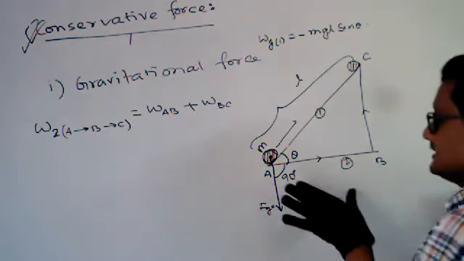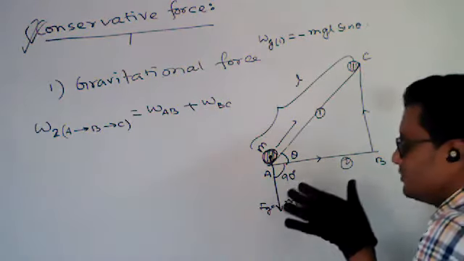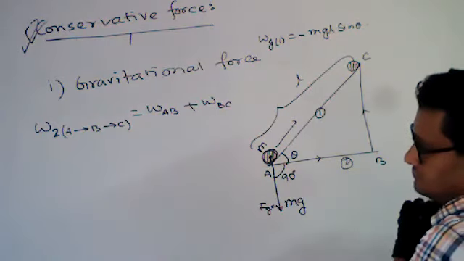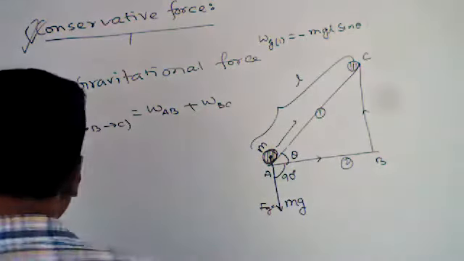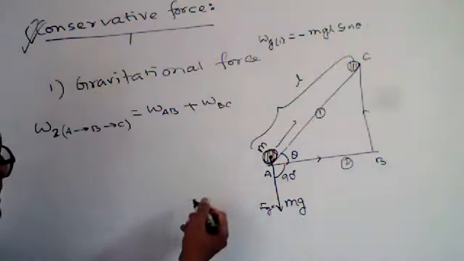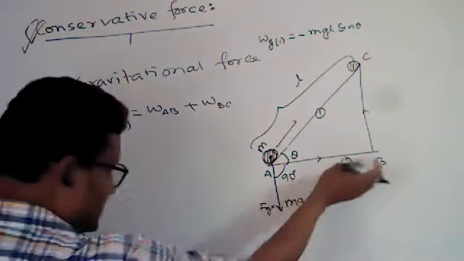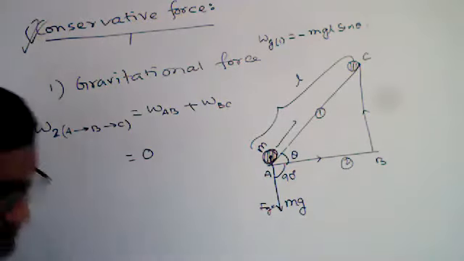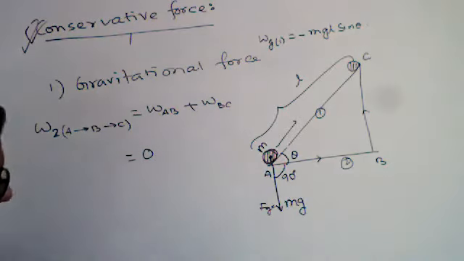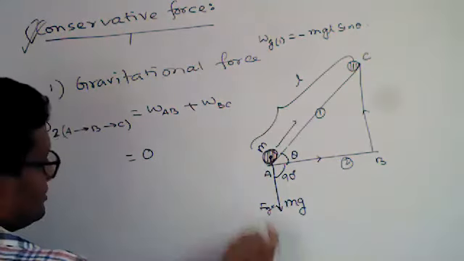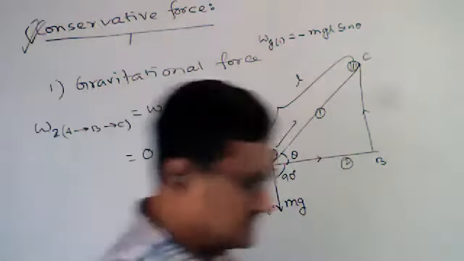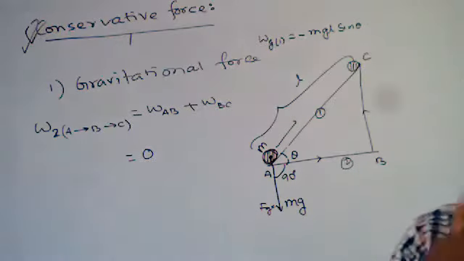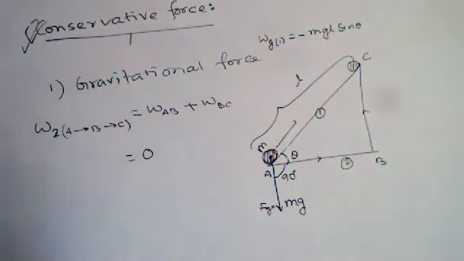If you determine the work done for AB and BC, then you can get the work done for the total path. The work done by gravitational force on path AB will be 0. Why? Because the angle between the gravitational force and displacement is 90 degrees. We know when force and displacement are perpendicular to each other, the work done is 0.